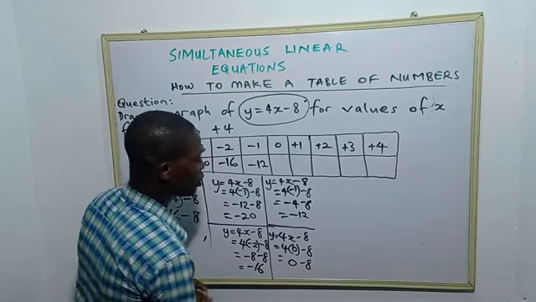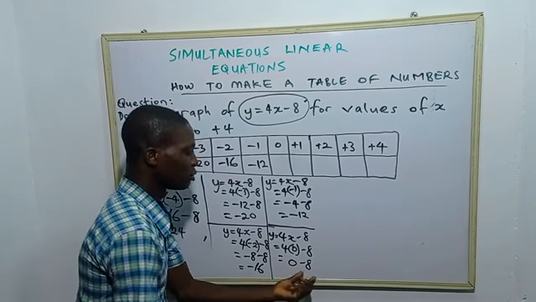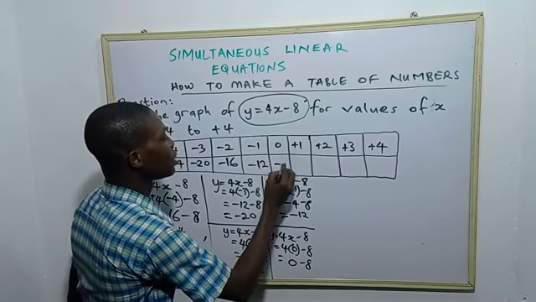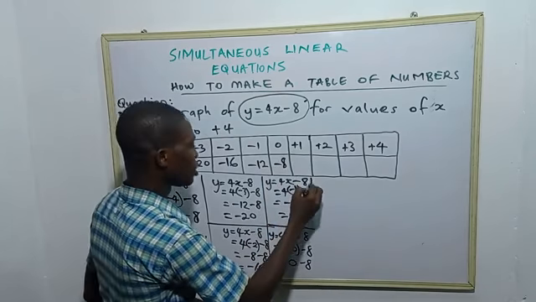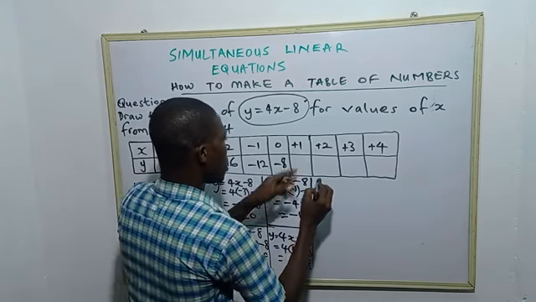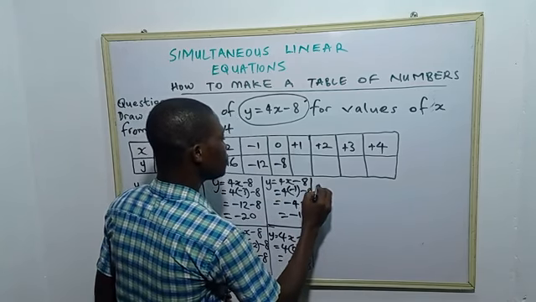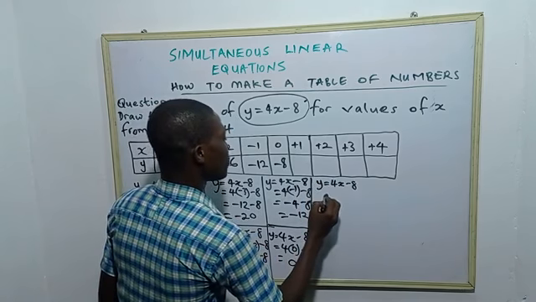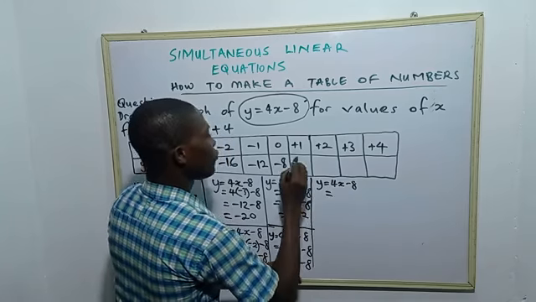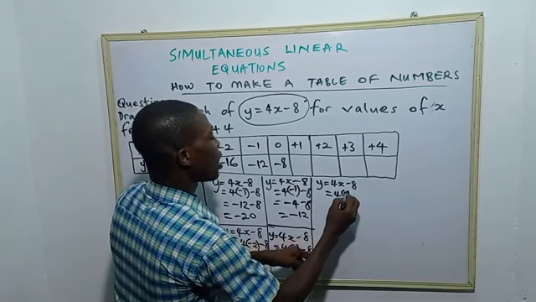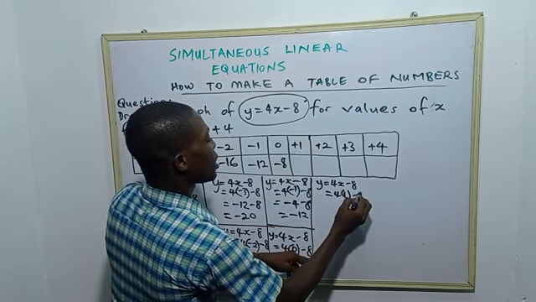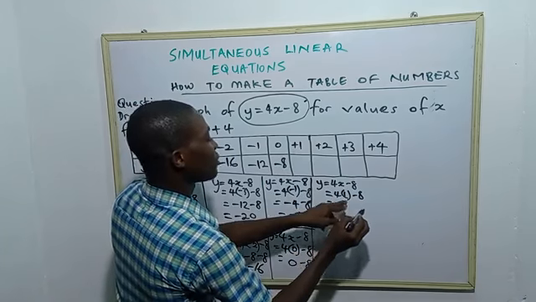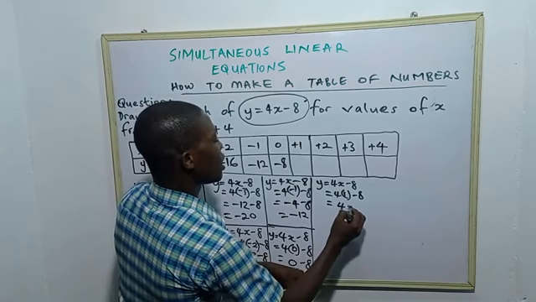When you're having this one, the answer will be the thing beside the 0, which is minus 8. Then do the same thing for 1. y equals 4x minus 8, equals 4 into 1 minus 8. It will be 4 times 1, 4, minus 8.